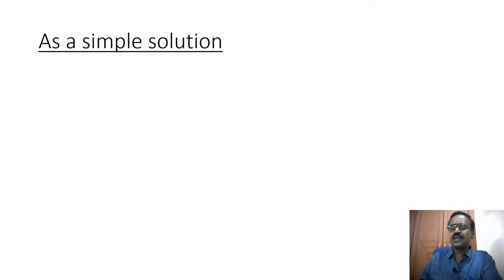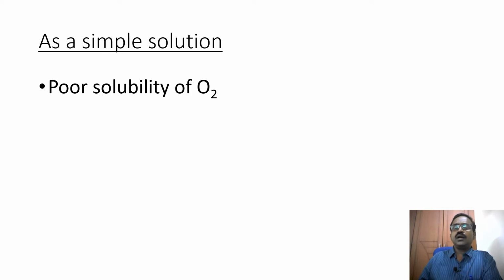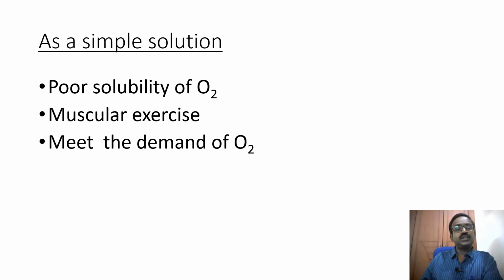Only 3% is transported as simple solution because of the poor solubility of oxygen. Normally, 15 ml of oxygen is transported in simple solution. During muscular exercise, around 250 ml is transported as simple solution to meet the demand of oxygen during the exercise.